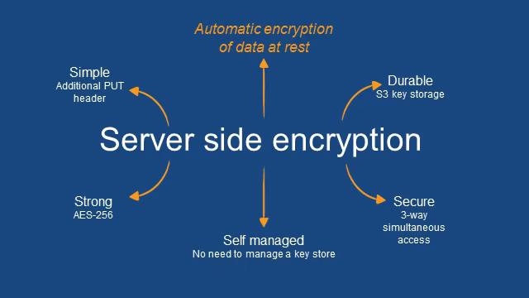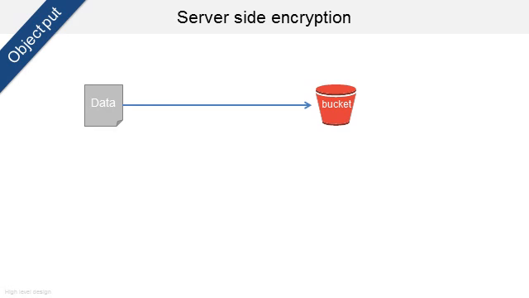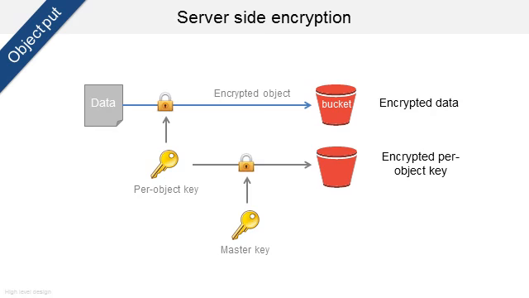The way it works basically is you put your data into a bucket with the appropriate put header to specify that you want that piece of data to be encrypted while it's at rest. That will result in your data being encrypted with a per object key. The per object key will be encrypted with a master key, and then it will be stored in another bucket on S3.